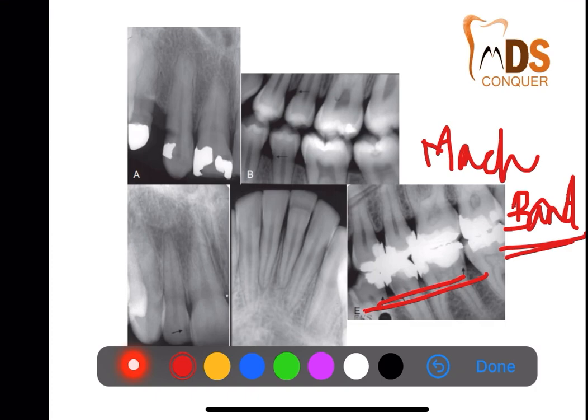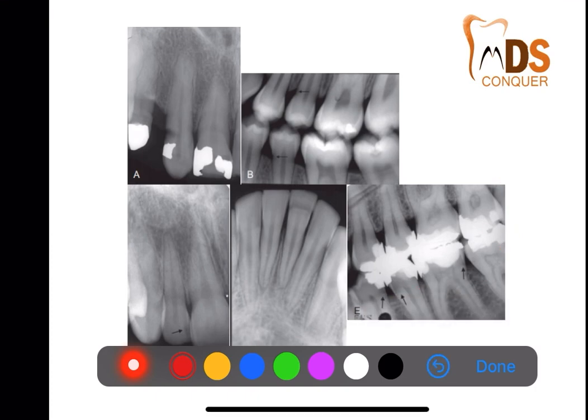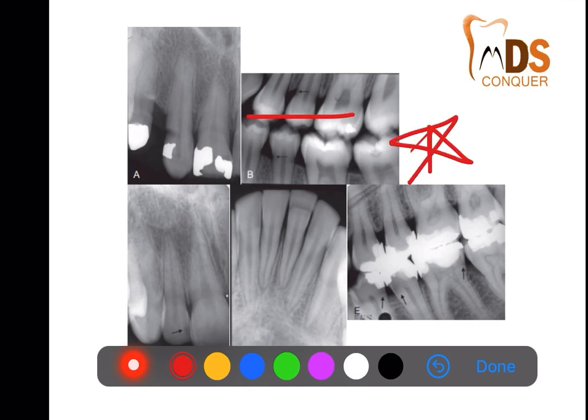It is the shadow of the alveolar bone falling over the roots of the molars, giving a little radiolucency over the molars, which again mimics caries. So these two are very, very important: the cervical burnout, which is seen at the cervical area, and the Mach band effect. These are different aspects which mimic caries but are not caries. Give these two a good glance at the picture and get the idea.